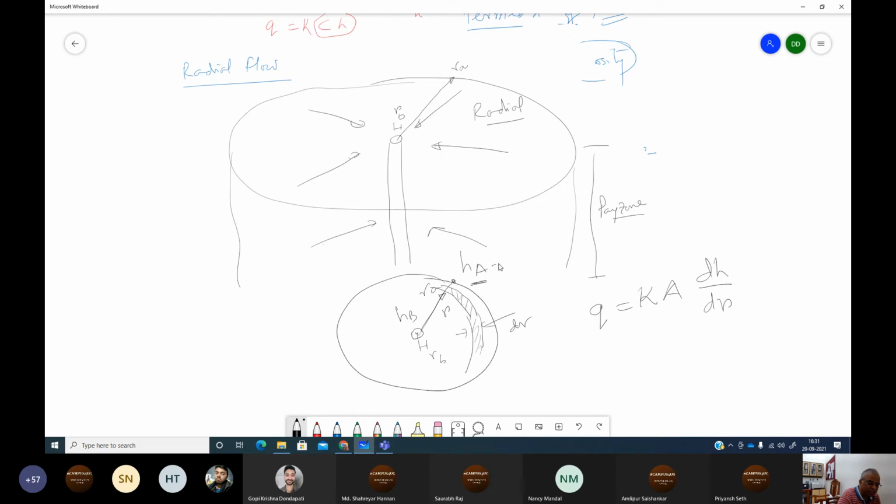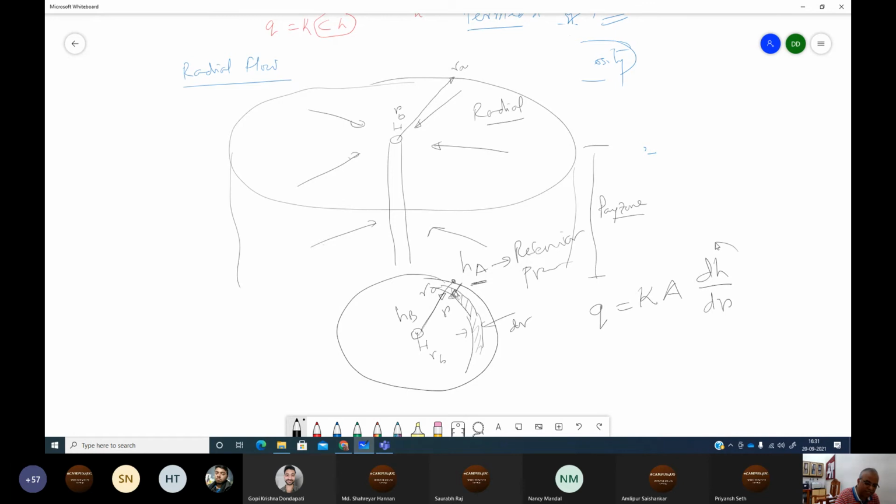Now this is what we call reservoir pressure, which is almost 75 to 80 megapascal, sometimes 100 megapascal also. So this fluid is under pressure, and the fluid is flowing from this direction, from HA to HB.